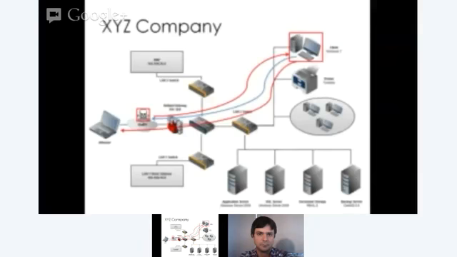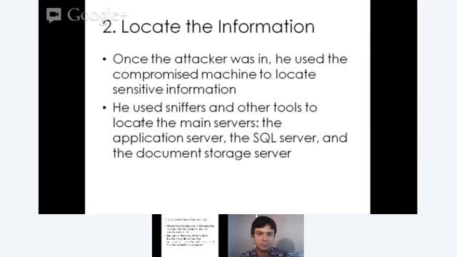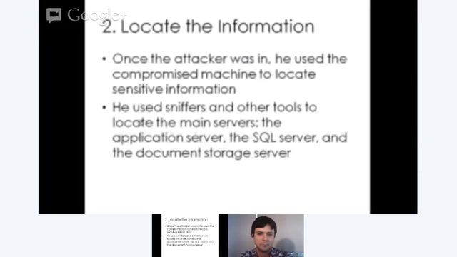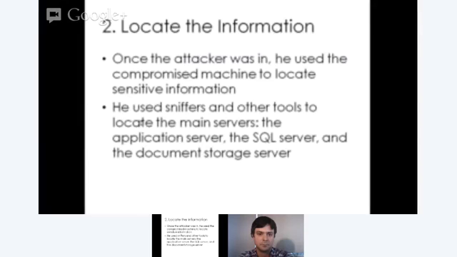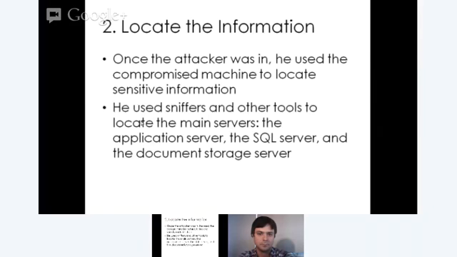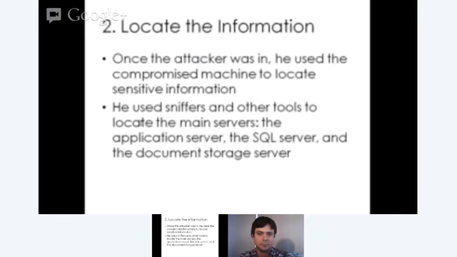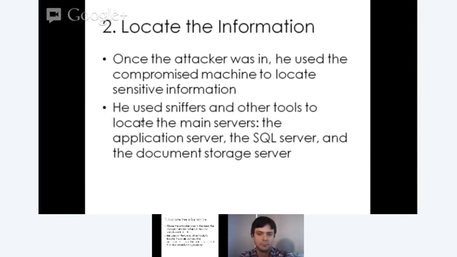So step 1, get into the network. Step 2, locate the information. Once the attacker was in the network, he used this compromised machine to locate it. He didn't know much about the network, so he used several sniffers and other tools to locate the main server.